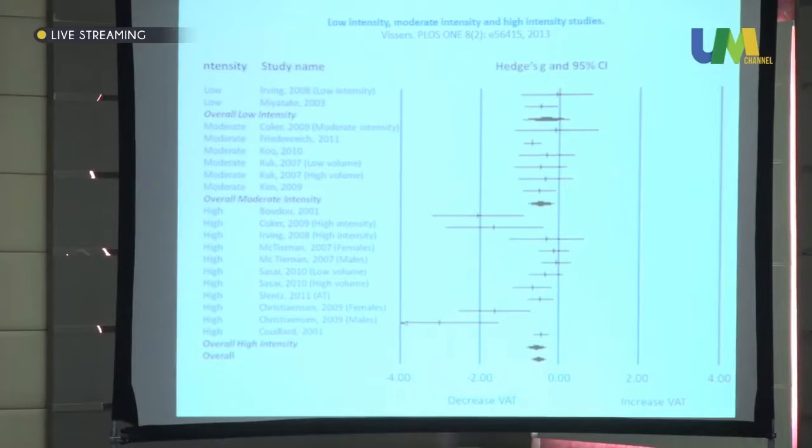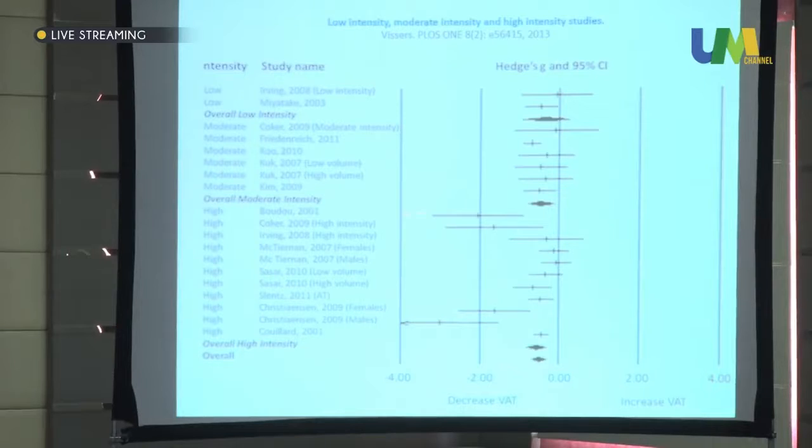So let's go back to the scientific evidence on what has been discovered in the past from exercise training studies. These are the scientific evidence using the tools of MRI and DEXA to look at the effect of exercise training on fat loss.